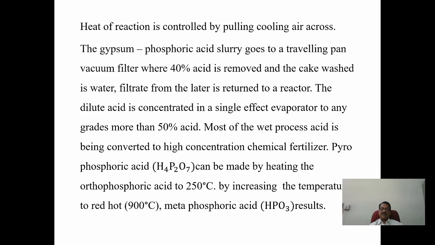Pyrophosphoric acid, that is H4P2O7, can be made by heating the orthophosphoric acid to about 250 degrees Celsius. By increasing the temperature beyond this, up to 900 degrees centigrade, metaphosphoric acid results. This is the process which takes place in the production of phosphoric acid by the sulfuric acid leaching process.